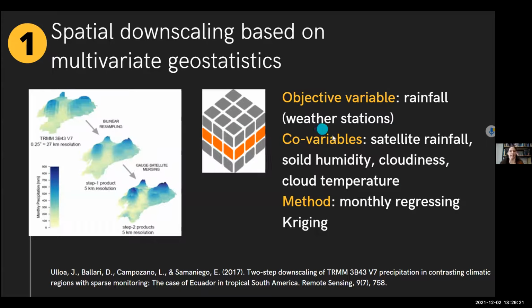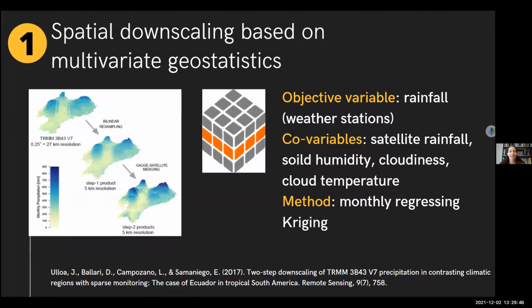So the first application is to do a spatial downscaling of precipitation. We depart from precipitation or rainfall satellite images that are quite coarse, because these images have 25 kilometers of pixel resolution.